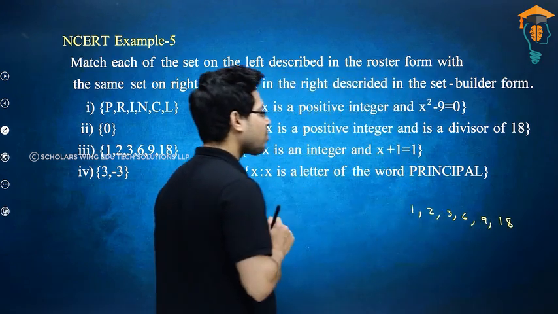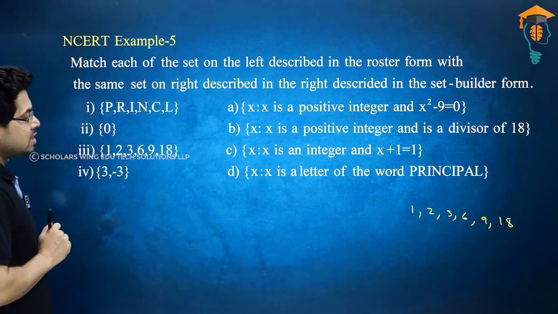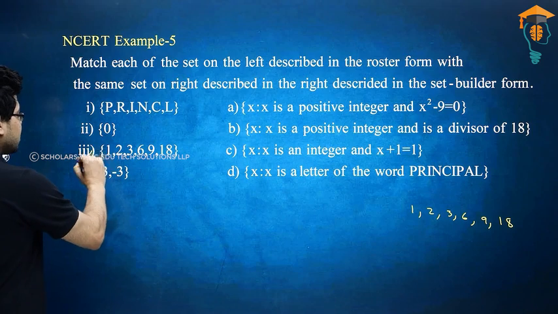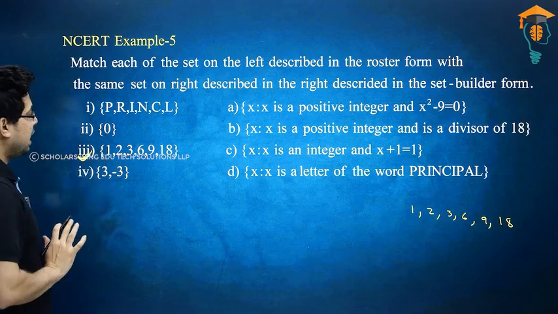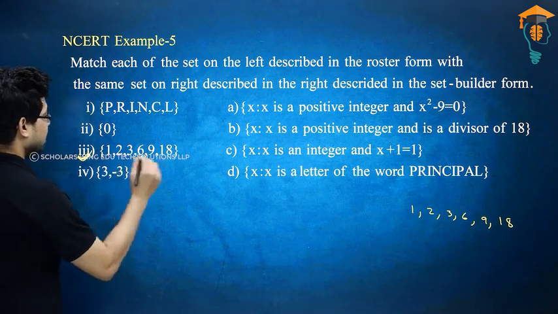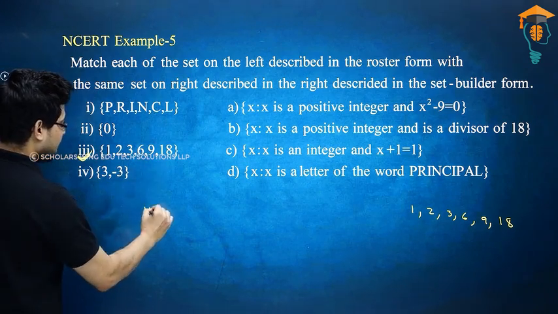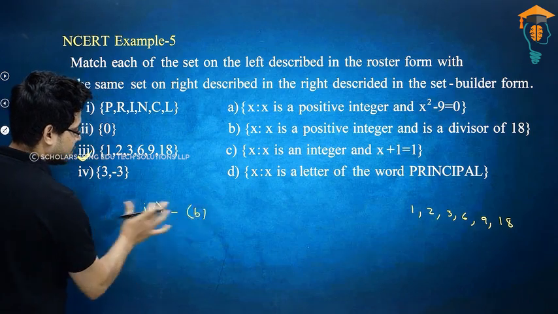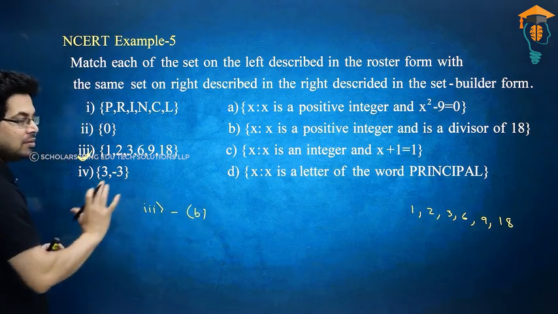All right. 1, 2, 3, 6, 9, 18. That means this is present in this number 3. That means 3 and B, they are same. So I will write this way. 3 matches with B, or you can write in this manner. 3 and over here B. That means in this way you can say that they are getting matched.